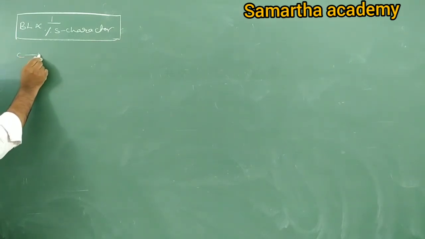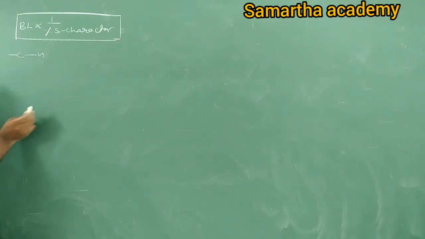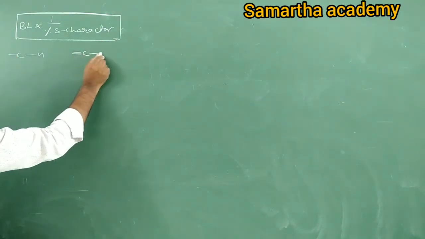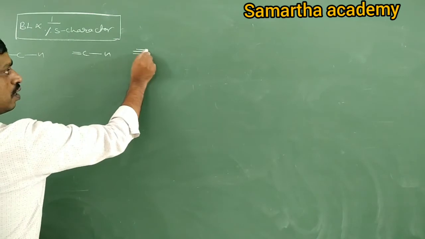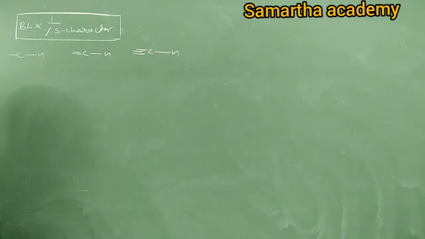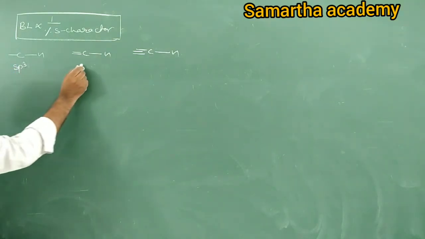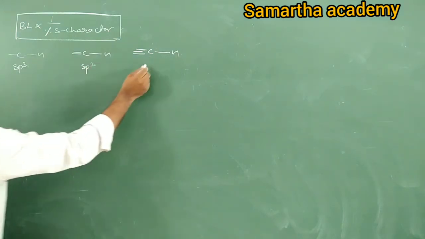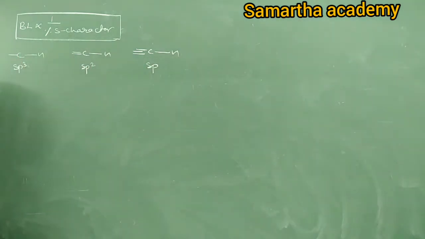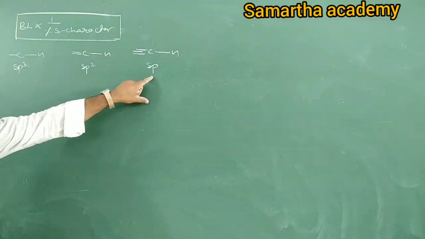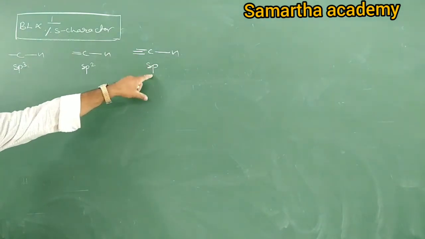For example, let us take the C-H bond in alkane, the C-H bond in alkene, and the C-H bond in alkyne. In alkane, what is the hybridization? sp3. This is the sp2 C-H bond. It is the sp C-H bond. Tell me, which C-H bond has more s character? sp3 is 25, sp2 is 33, sp is 50 percent. That means the sp C-H bond has more s character.